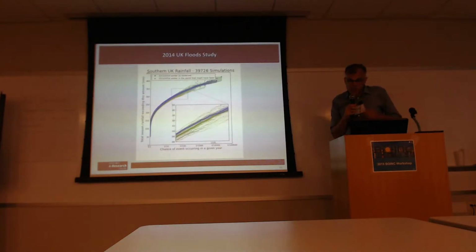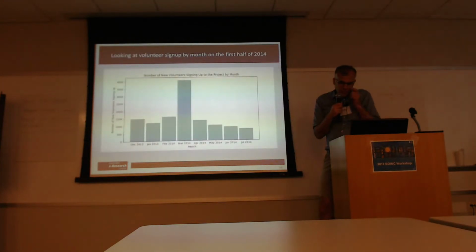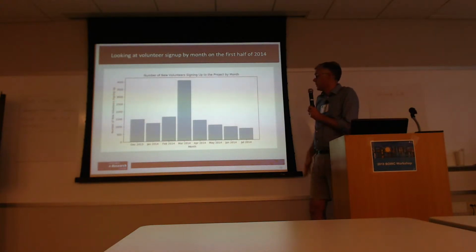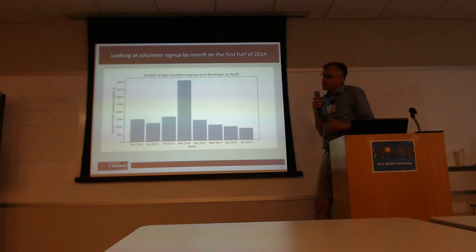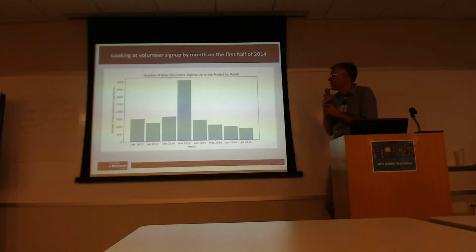Okay, moving on. So these were the results from this 2014 UK flood study, which was done pretty much very close to the actual event. Now we can look at the number of volunteers that were signed up in that period. This was done in conjunction with the Guardian, and so the Guardian were publicising this at the time.